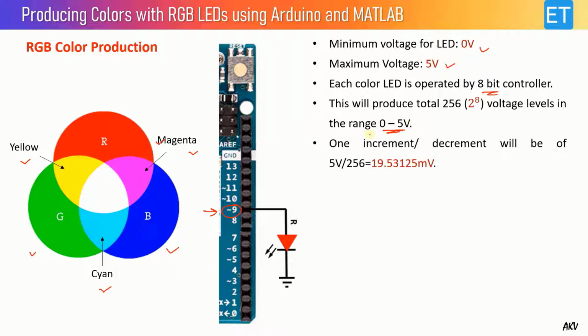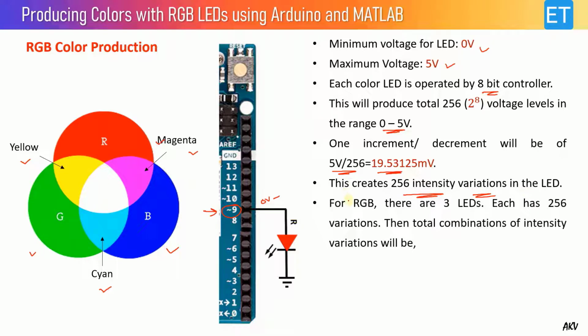So because of the 256 variations, one step of variation will be 5 upon 256, that is 19.53125 millivolt. So if the minimum voltage is, let's say, 0, the next voltage will be 19.53125 millivolt. With these increments or decrements, a total of 256 variations, your LED will produce a total of 256 intensity variations in the light.